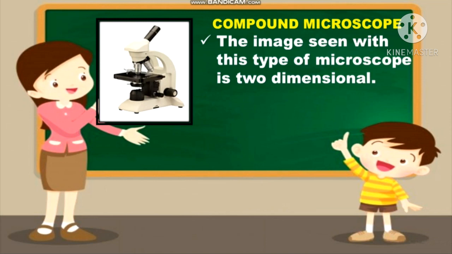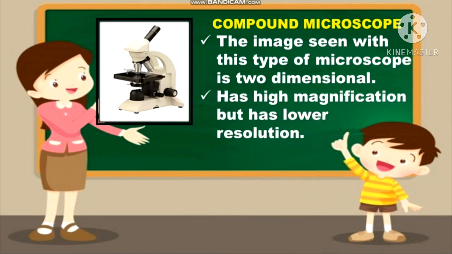So the image seen with this type of microscope is two-dimensional. This microscope is most commonly used, so you can view individual cells, even living ones. It has high magnification, however, it has a low resolution.